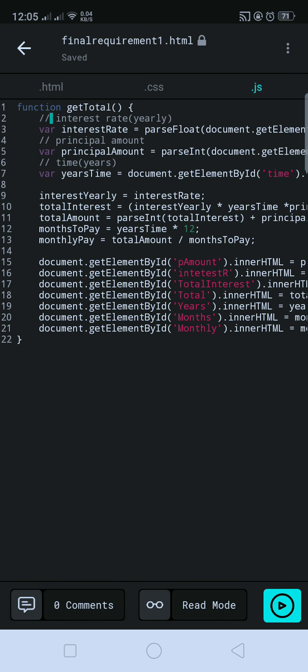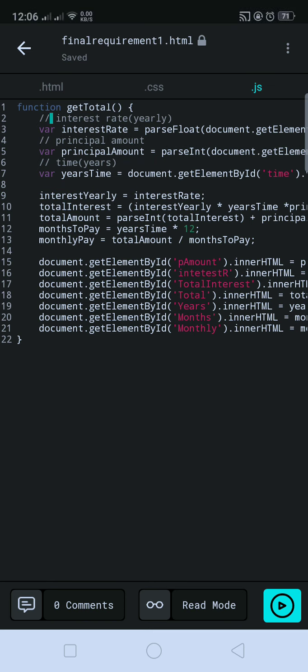Then months to pay is equal to years times 12. 12 is how many months in a year. The monthly payment is total amount divided by months to pay.